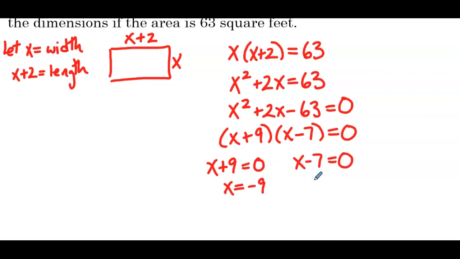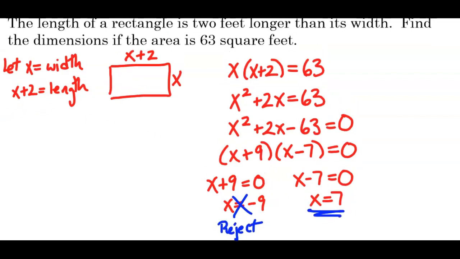So x equals negative 9 or x equals 7. Now, based on this word problem, negative 9 does not make sense as an answer because we cannot have a side length of negative 9. Okay, so we reject this answer. So only the answer of x equals 7 is valid.